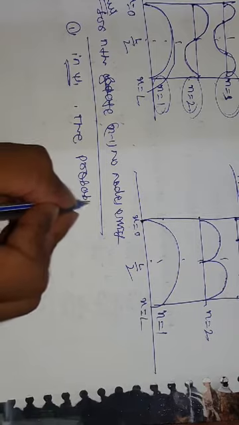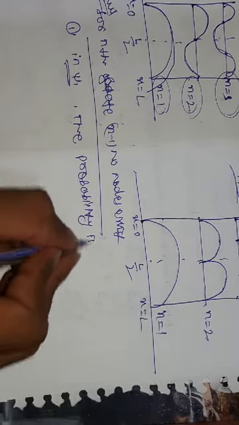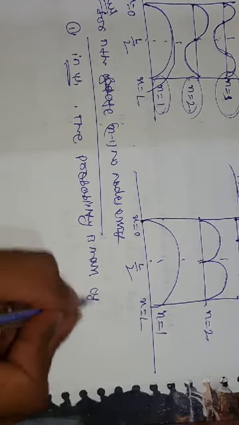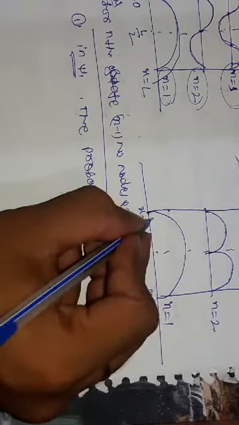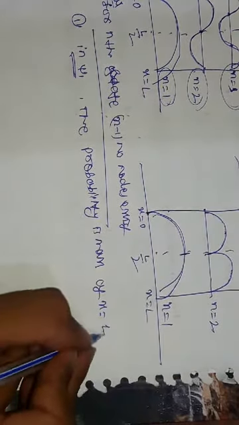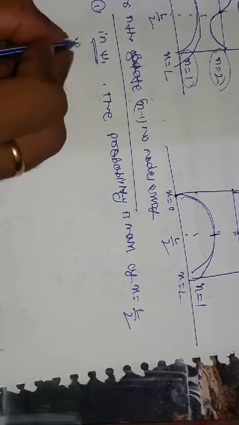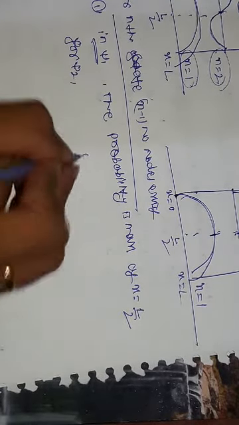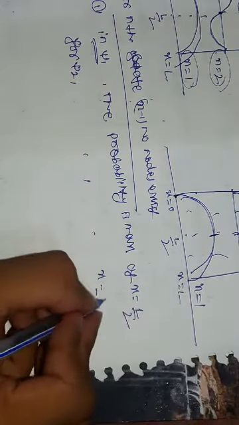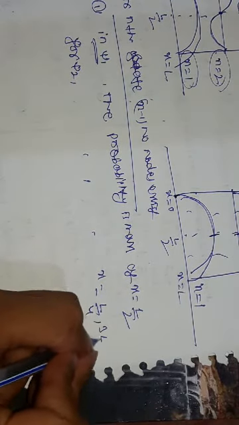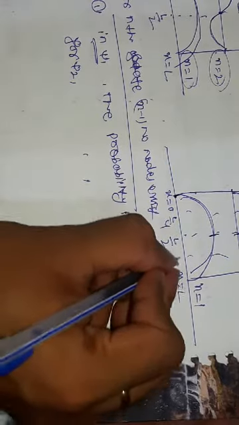The probability is maximum at x is equal to L by 2 for n is equal to 1. For psi 2, the probability is maximum at L by 4 and 3L by 4.